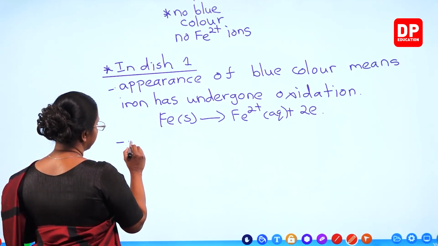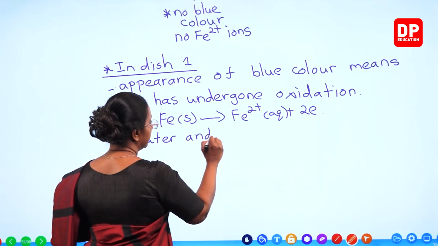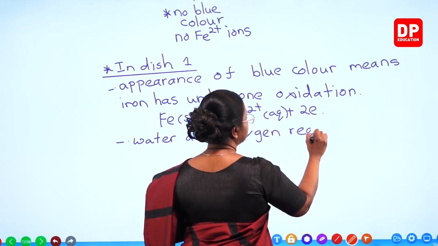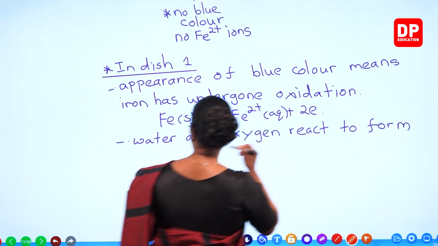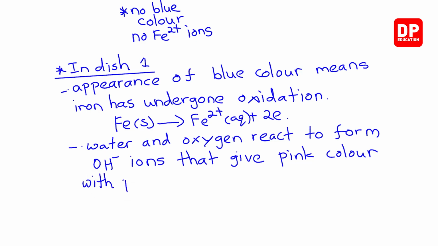At the same time, water and oxygen react to form OH- ions that give pink color with phenolphthalein.